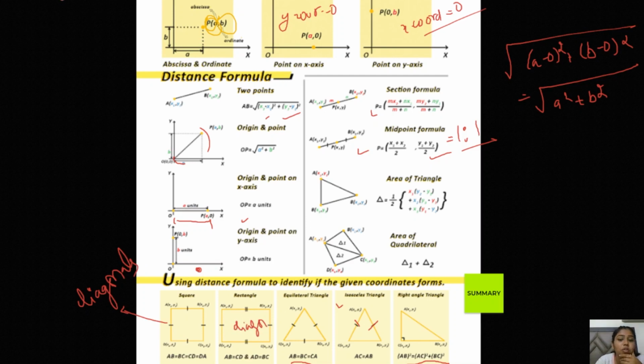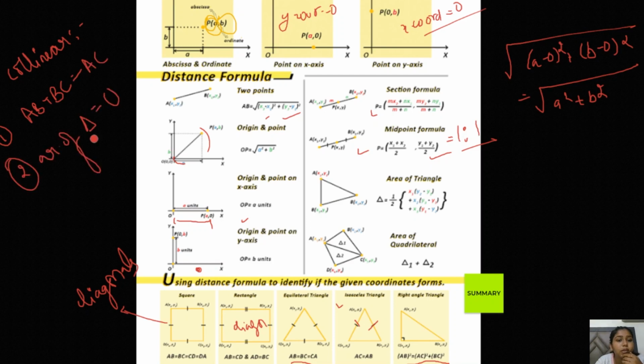And last but not least, which is not mentioned and very important, for collinear points there are two conditions. The first condition is AB plus BC is equal to AC, right? And the second condition is that for the points to be collinear, the area of the triangle is always 0. So these are the two conditions for the points to be collinear.